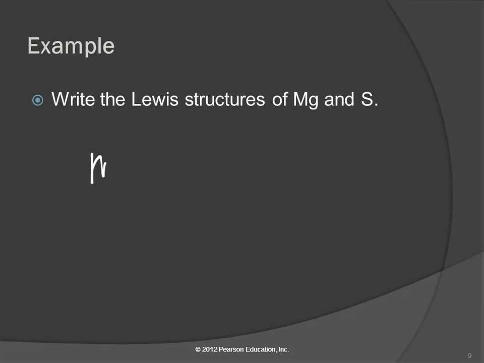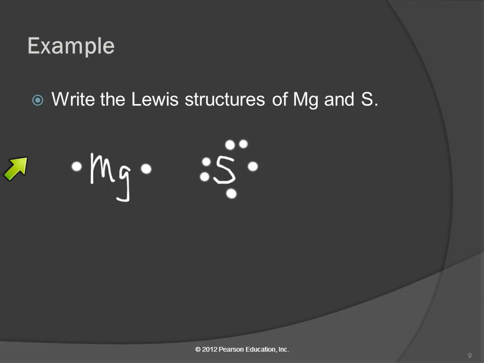And how many valence electrons does magnesium have? 2. It's in group 2 of the periodic table. It's got 2 valence electrons. And sulfur is S. And how many valence electrons does sulfur have? 6. 1, 2, 3, 4, 5, 6.